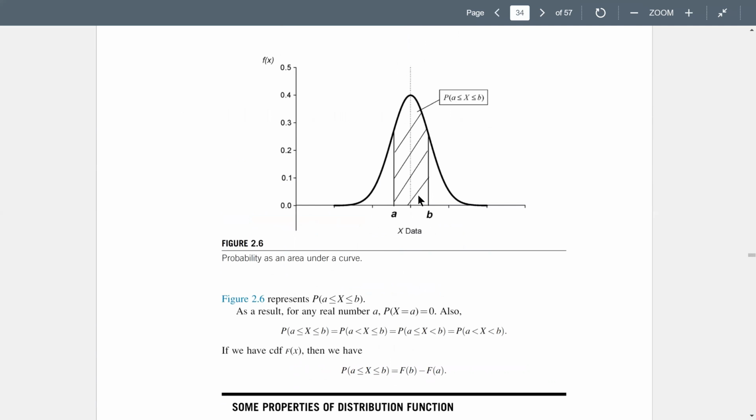Then F(a) is the cumulative probability from the very beginning, which is actually negative infinity. We don't know exactly where it starts. It starts from negative infinity, so from that point up to a, the area is F(a). So if you do F(b) minus F(a), you will get the probability within this interval.